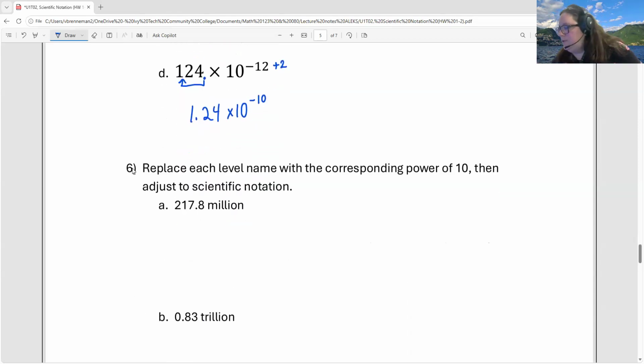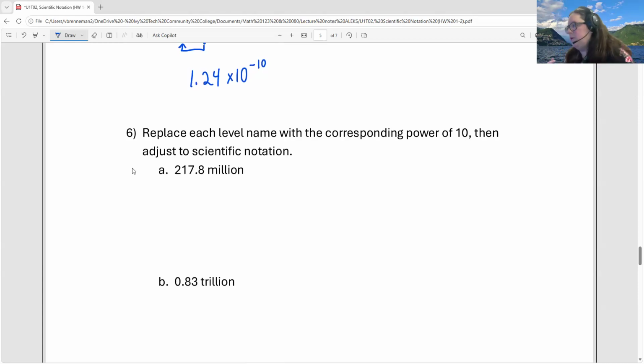And then going on to number 6, kind of putting it all together to be able to go from a standard number name form or even a non-standard number name form and get to scientific notation without having to rewrite it out in standard form with all of the zeros. So the first step, you replace the number with the power of 10.